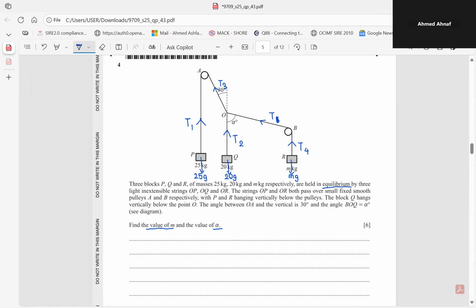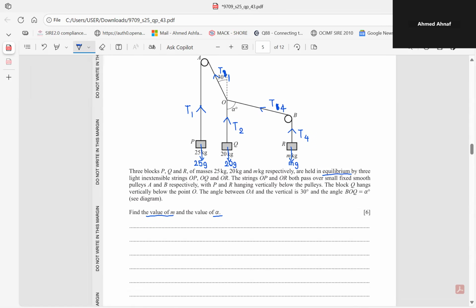T5 and T4 are the same, so I'll just label this as T4. Same for T1 and T3. So these are the equations we have. Now we can calculate them separately.